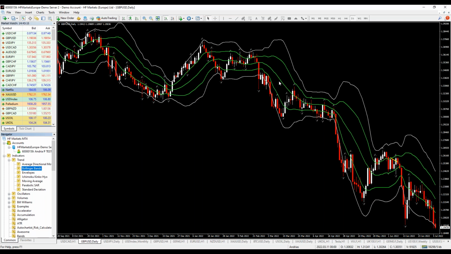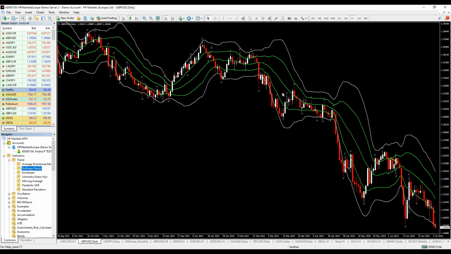So we have in the middle the 20 period moving average. This is the daily chart, the pound daily chart, cable daily chart. So in the middle is a 20-day moving average. And with a green line, we have another 2 lines. The 2 green lines are plus 1 standard deviation and minus 1 standard deviation.